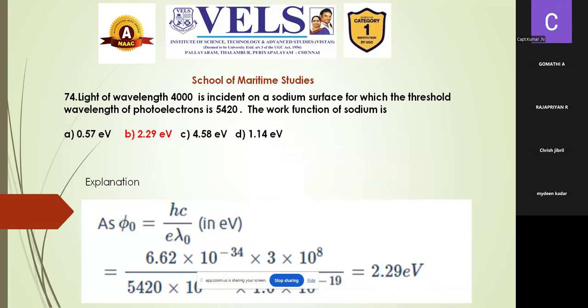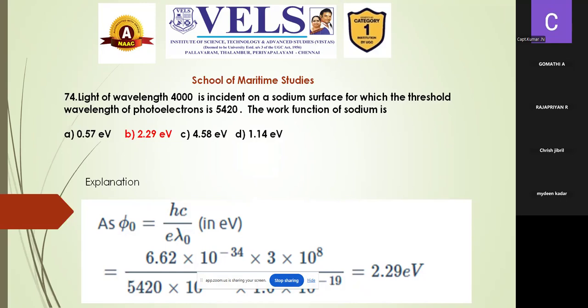The next question: light of wavelength 4000 is incident on a sodium surface for which the threshold wavelength of photoelectrons is 5420. The work function of sodium is phi naught equal to hc by e lambda naught. h is the Planck's constant value 6.62 into 10 power minus 34, and c is the speed of light, 3 into 10 power 8, divided by lambda 5420 into 10 power minus 10 into electron charge 1.6 into 10 power minus 19.